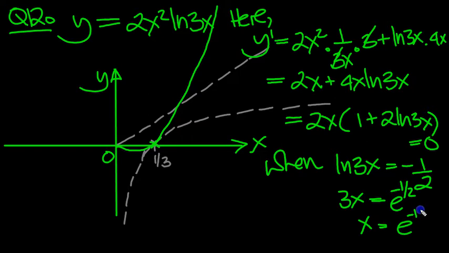So it's e to the minus a half, which is a small number, divided by 3, which is smaller still. So the turning point will be a very small number here, and we've got our turning point.